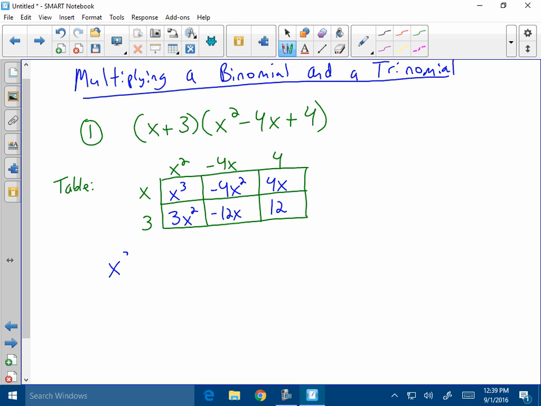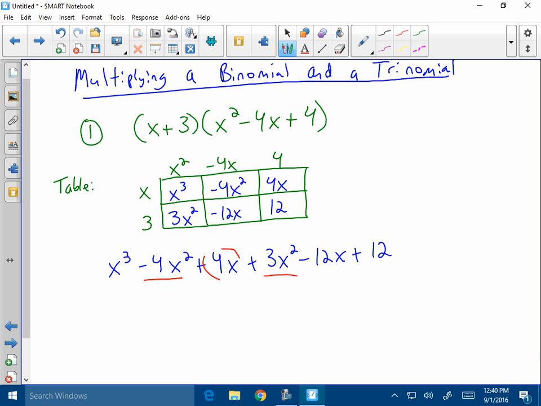So if I list out my results from the table, I have x cubed minus 4x squared plus 4x, and then 3x squared minus 12x plus 12. Now I can start looking for those like terms that I can put together. The negative 4x squared can go with the 3x squared.